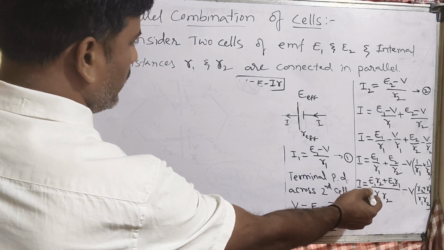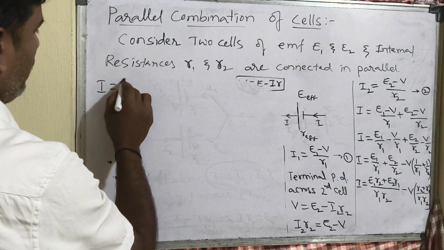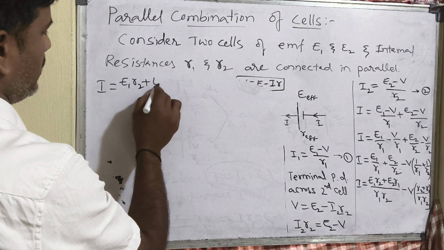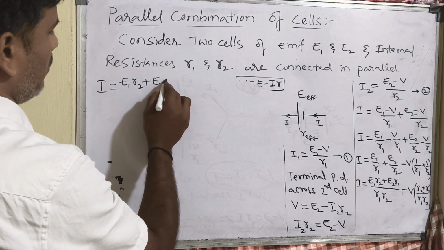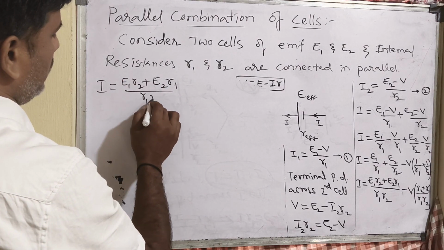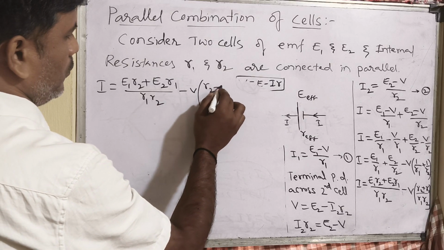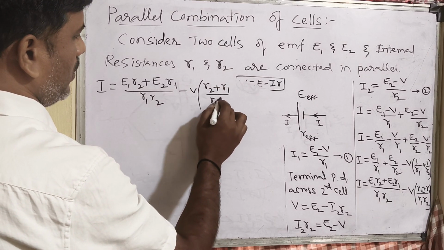So for this continuation, I is equal to E1 R2 plus E2 R1 divided by R1 R2, minus V into R2 plus R1 divided by R1 R2.